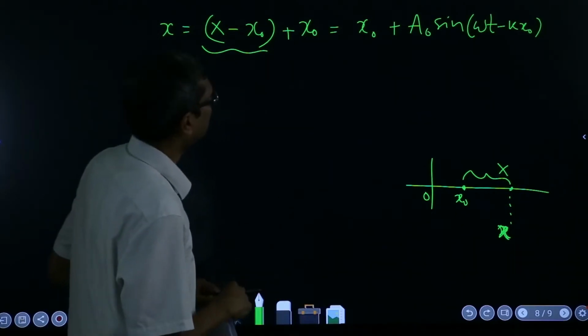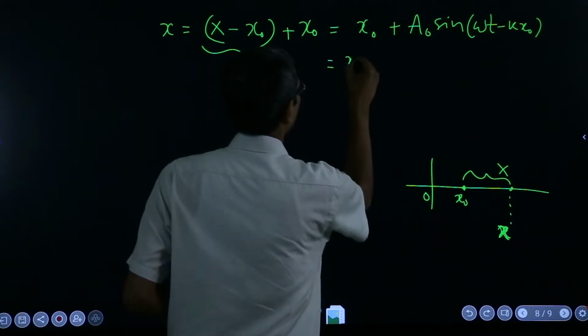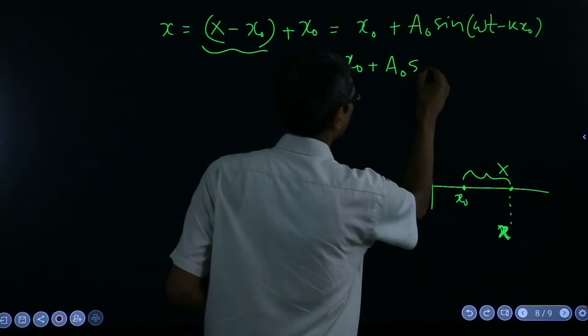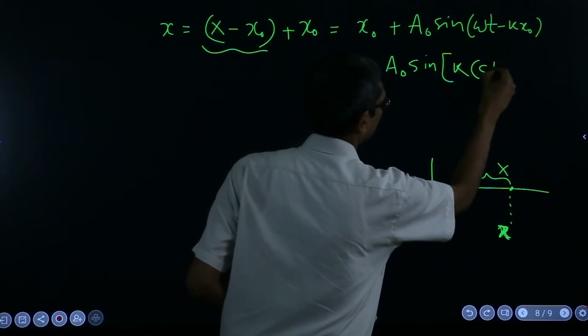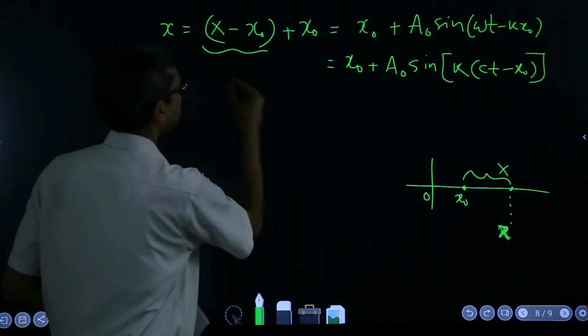Or I can write in a slightly different way: x naught plus a naught sine k (ct minus x naught) is your x.